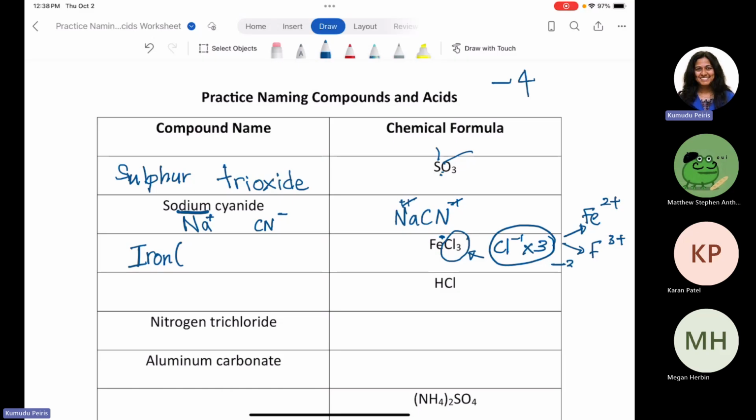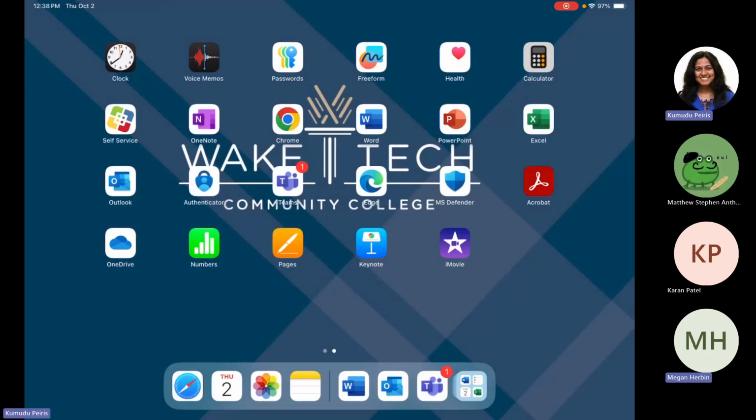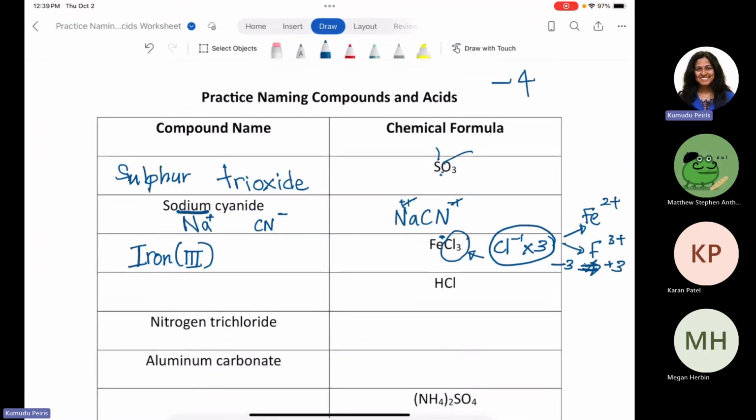The minus three is cancelled out by the positive three, so the oxidation number of the ion is 3.